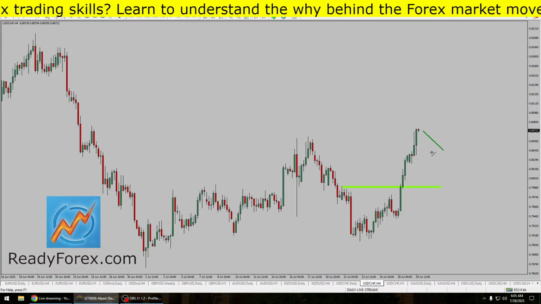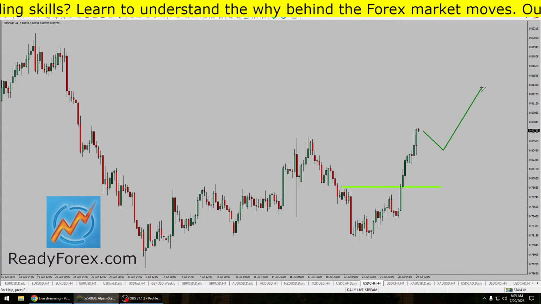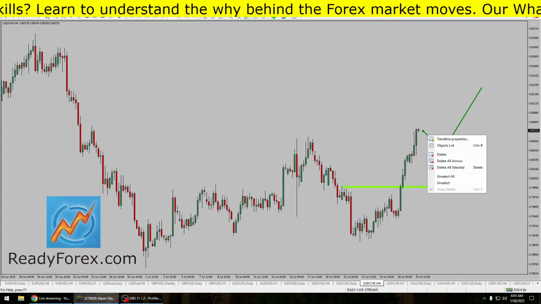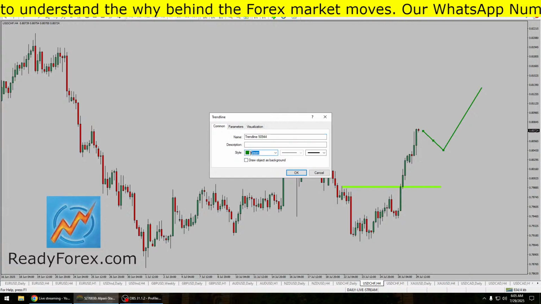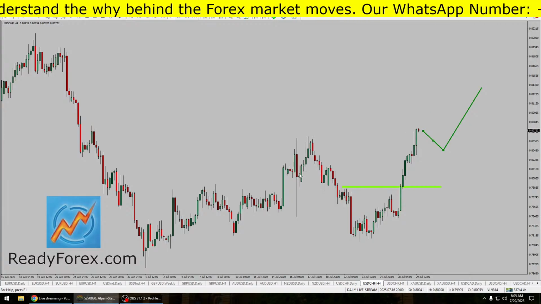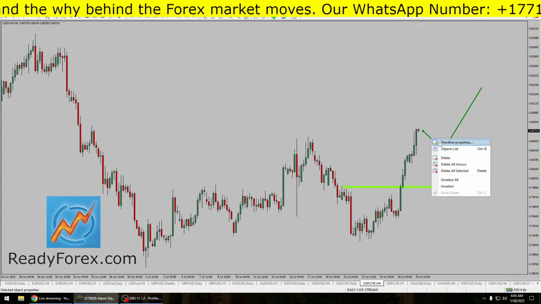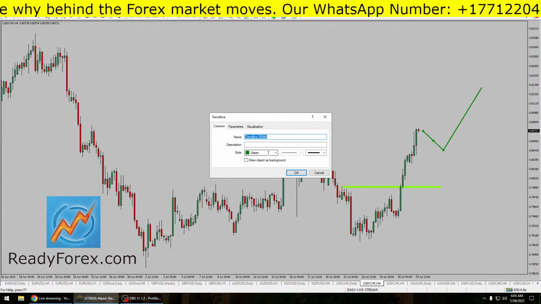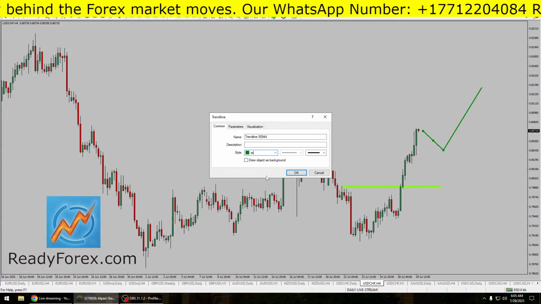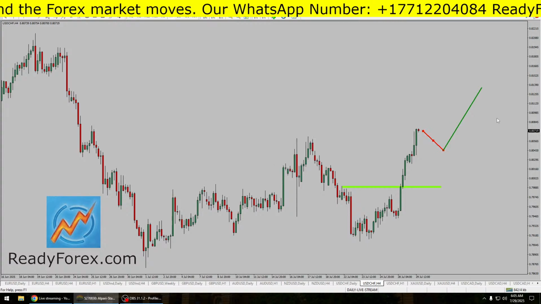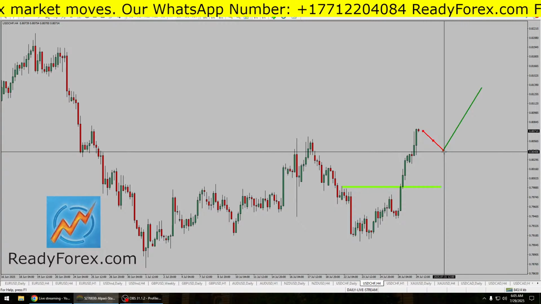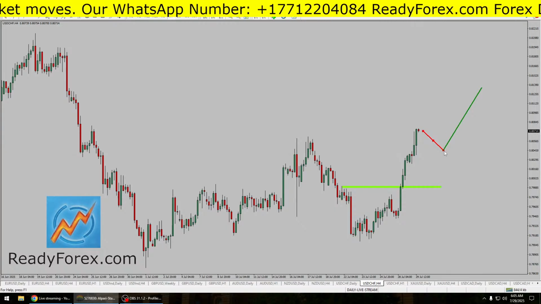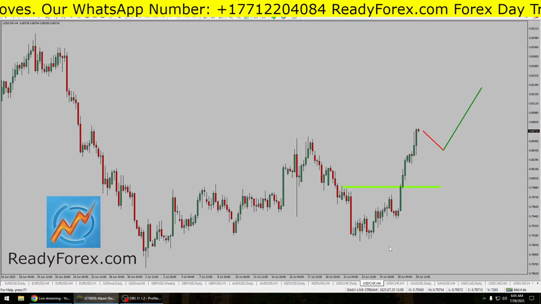The market is most likely going to provide us some kind of a pullback, and then it's going to rise up even further. So the way I see the US dollar Swiss franc pair, price action is probably going to provide us a short-term decline, and then expect further upside. So this is a buy pattern or a bullish trade setup, whatever you want to name it.